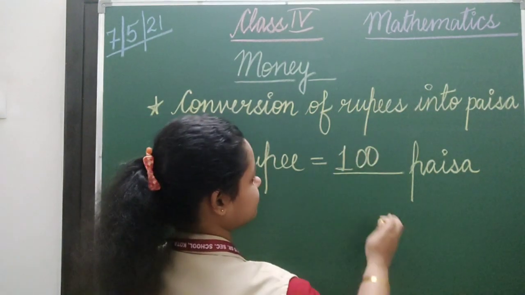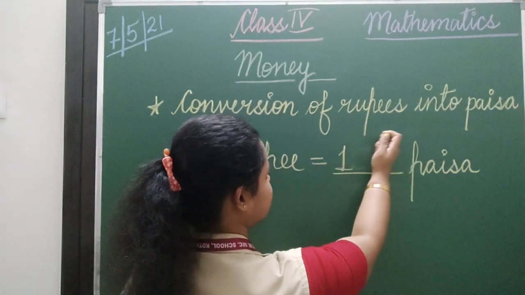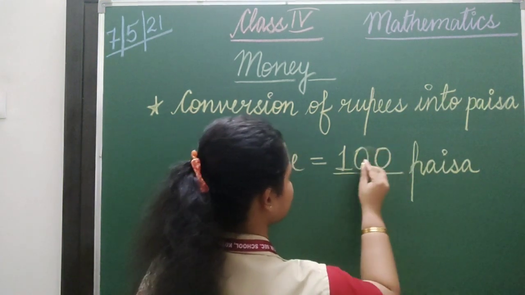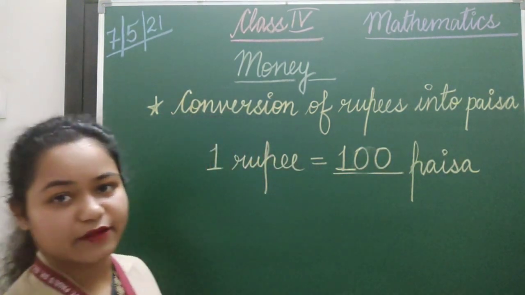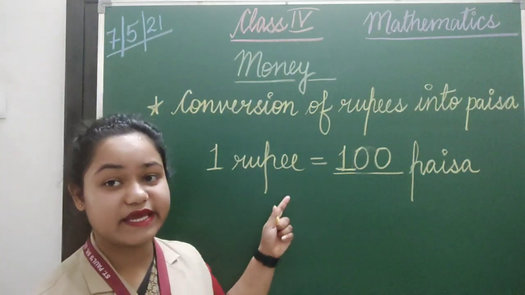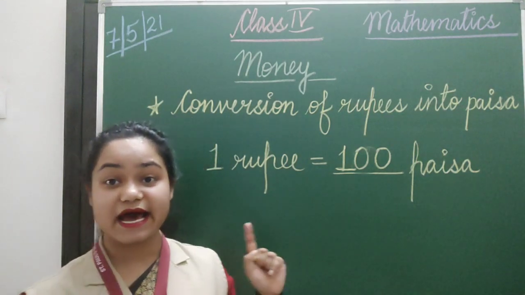So this conversion you need to remember. 1 rupee is equal to 100 paisa. Alright. Just repeat after me. 1 rupee is equals to 100 paisa. You have to learn this by heart.